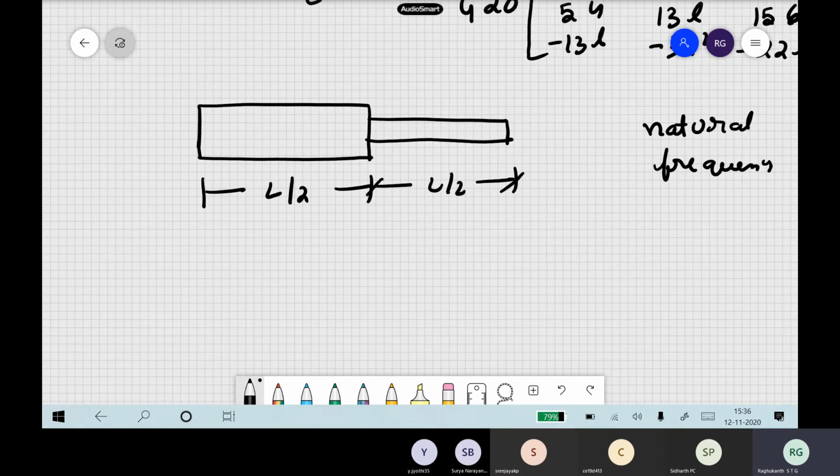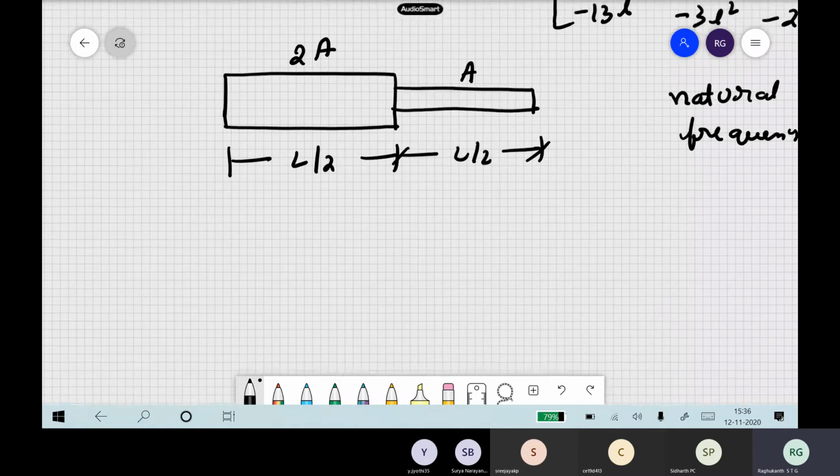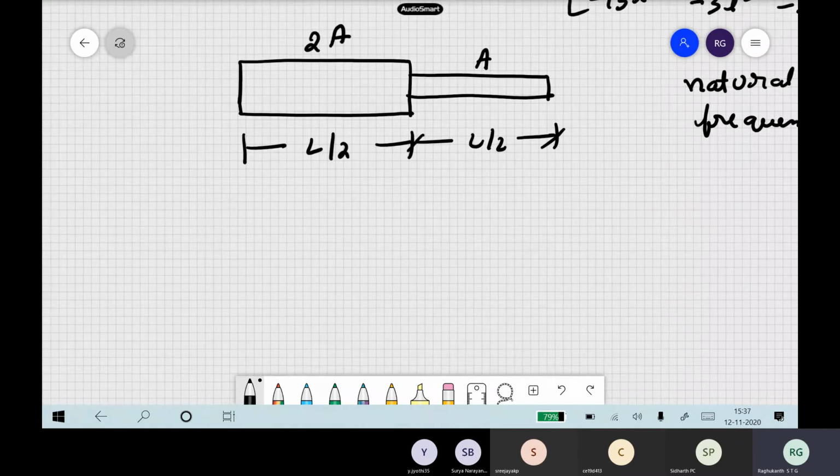These are all bar elements. If this area is A, this area is 2A. Young's modulus is the same everywhere; only the areas of cross section are different. Now how do I find the natural frequency? What's the first step?